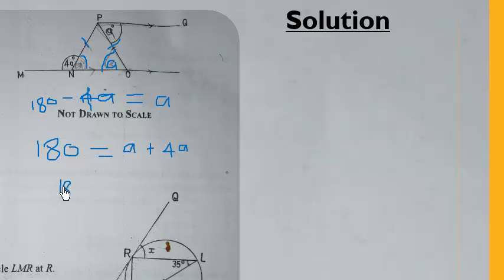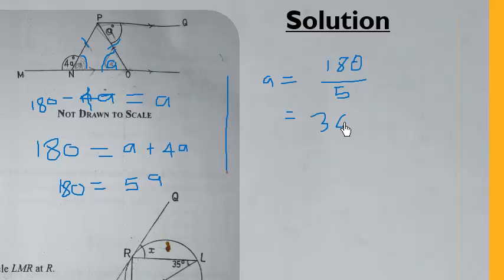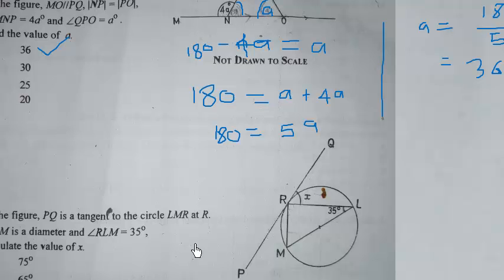So we solve for a to obtain 180 is equal to 5a. So dividing through by 5, we are going to get a to be equal to 180 over 5, and this is equal to 36. So a is 36 degrees.